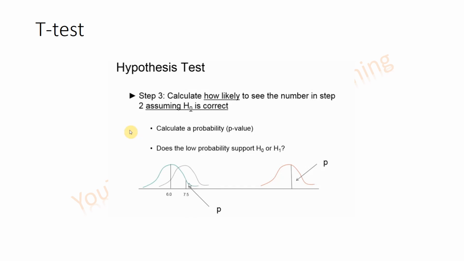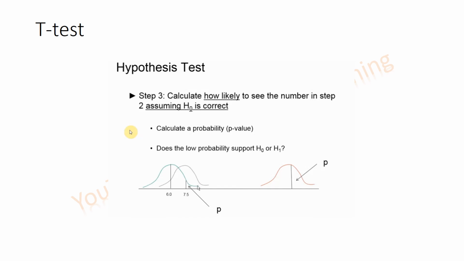So if P is low, it means low probability. If this part is low, like in this graph I illustrated here, I would probably say we probably have a sample from the black distribution. Unlikely we have a sample from the green curve distribution.